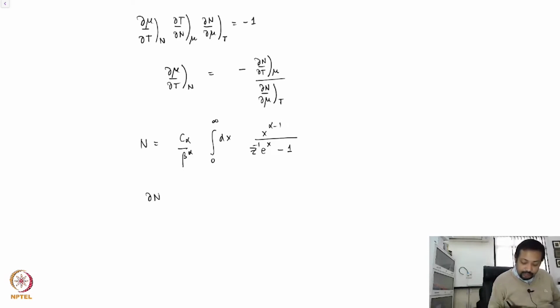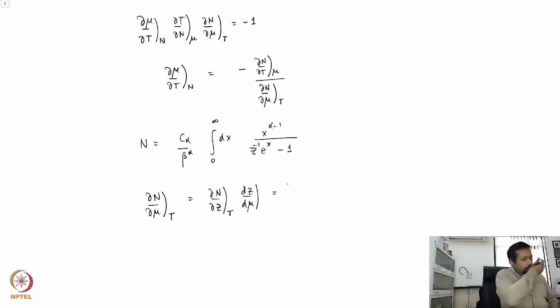So the easier one is ∂n/∂μ at T held constant, and that is going to be ∂n/∂z at T held constant times dz/dμ, which is, terribly sorry, dz/dμ is again βz, times ∂n/∂z at T held constant.